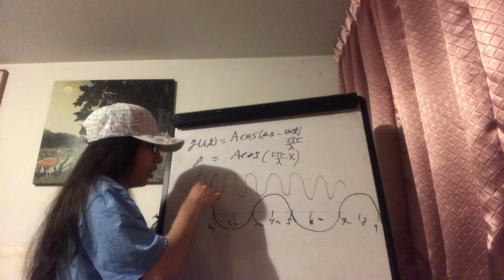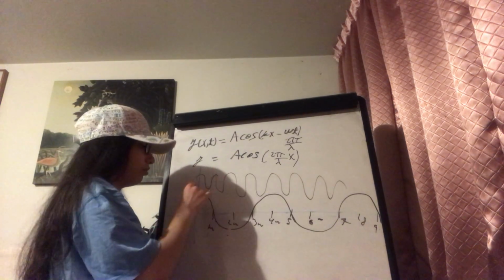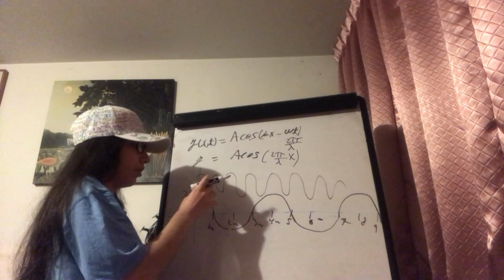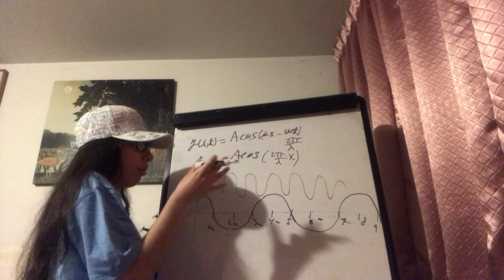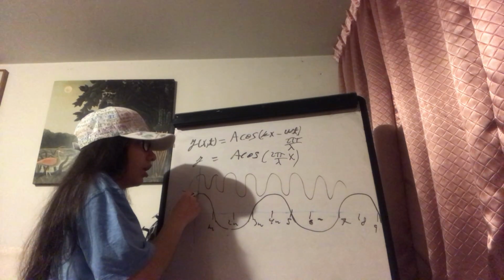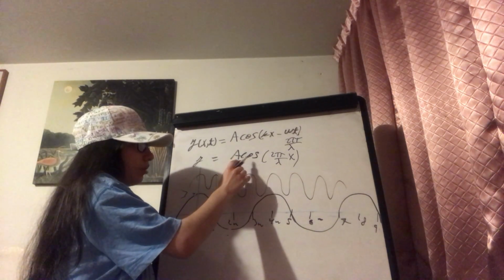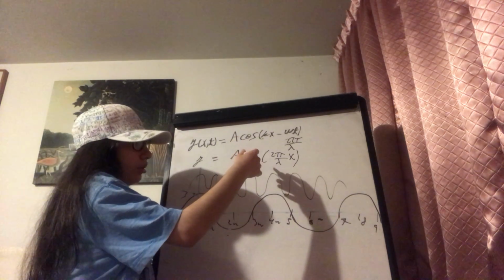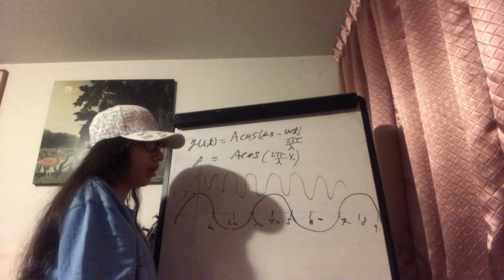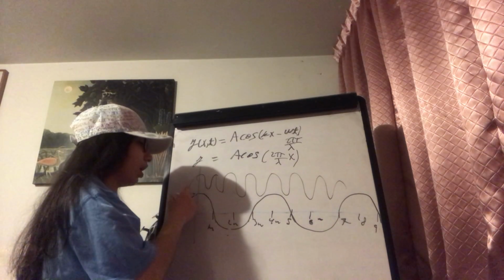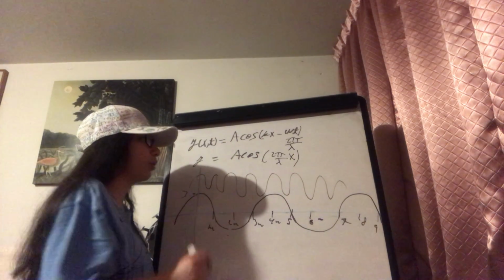You could put it as a cosine of 0 here because I have advanced no distance. So a cosine of 0 is just A times cosine of 0, which is 1. So I just have A. A in this case is 3, the amplitude.